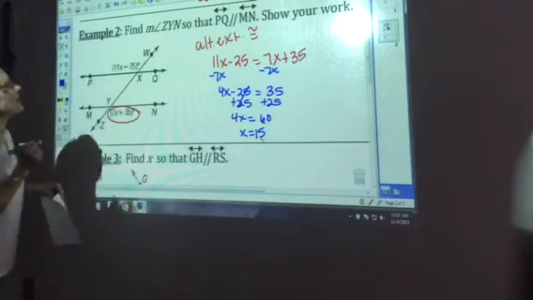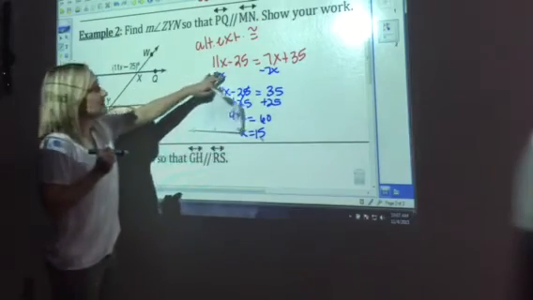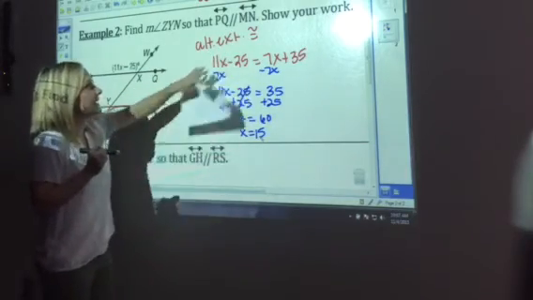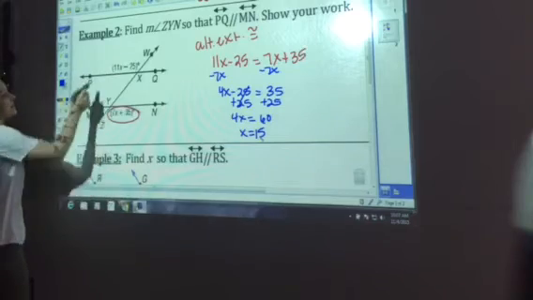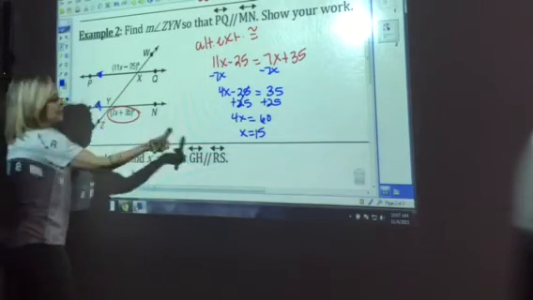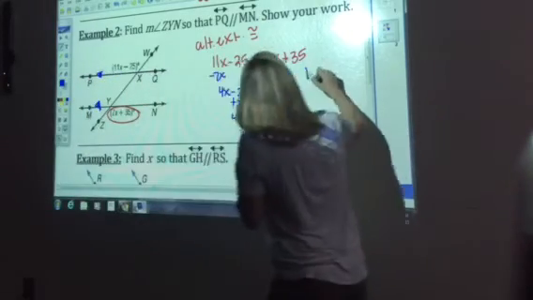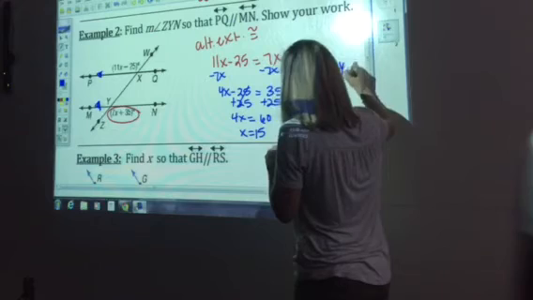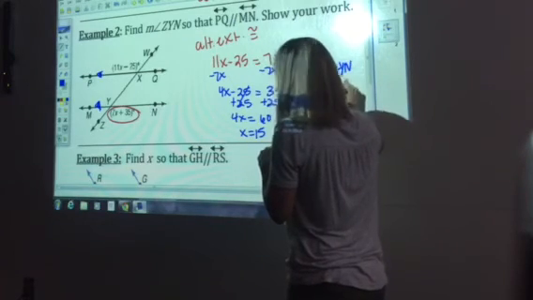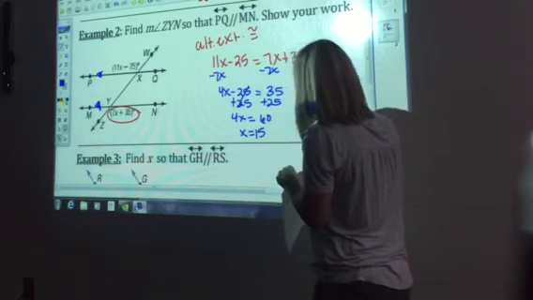All right, so it says find the measure of the angle. So I've set them equal to each other because they are congruent. That means that I've proved that these 2 lines are parallel, okay? But now I need to find the angle, so if I plug it in for the angle of ZYN, that's going to be equal to 7 times 15 plus 35, which is going to give us 140 degrees.